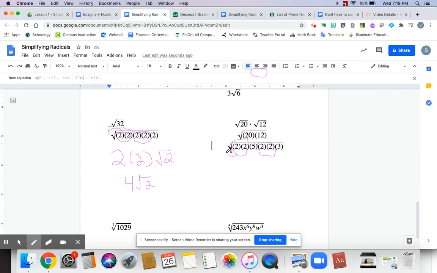So I can bring 2 of the 2's out. So here's 1, because there's 1 pair. And I can bring out another 2, because there's another pair. But under the square root, I still have the 5 times the 3.